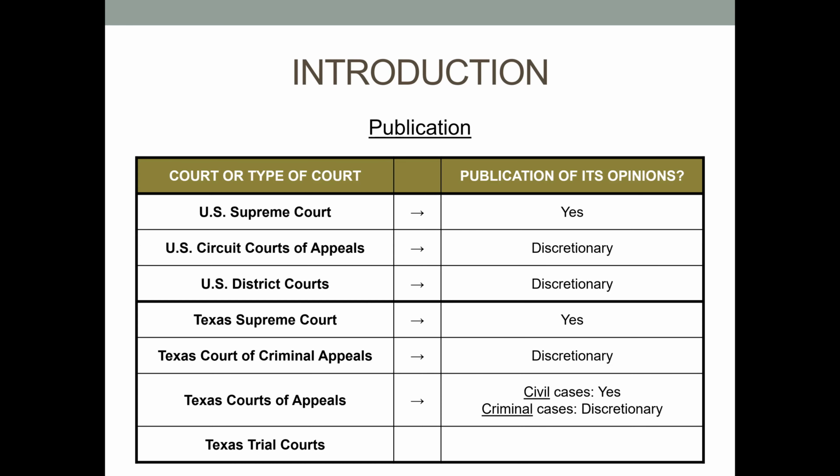Now, finally, the Texas trial courts never have their opinions published. Those opinions do not appear in the hardback case reporters. So, quick principle here: when it comes to Texas courts, only appellate level courts will ever have opinions appearing in the hardback case reporters. The trial courts in Texas do not.